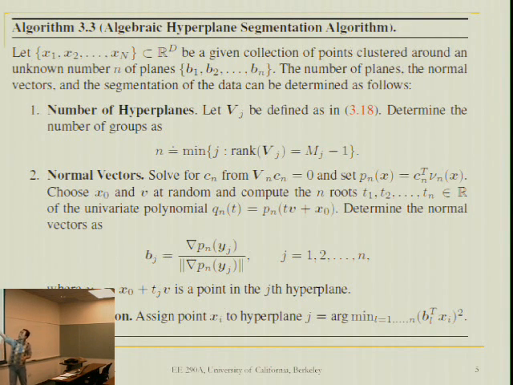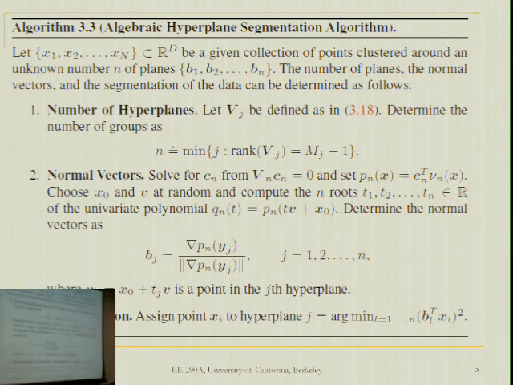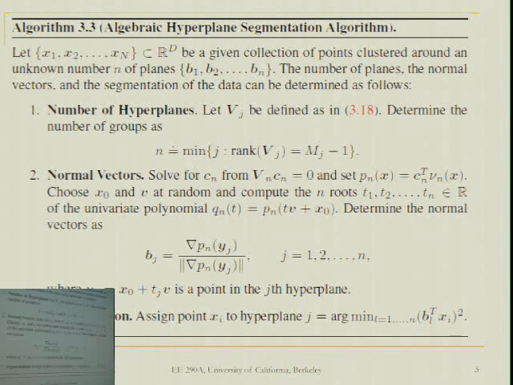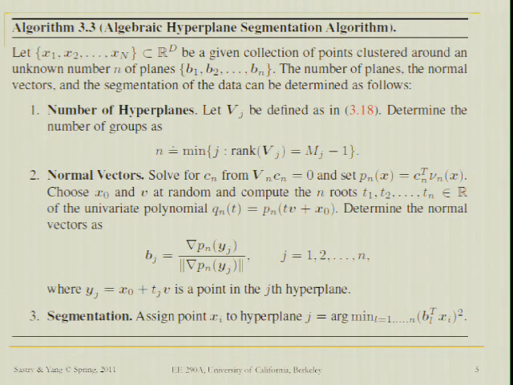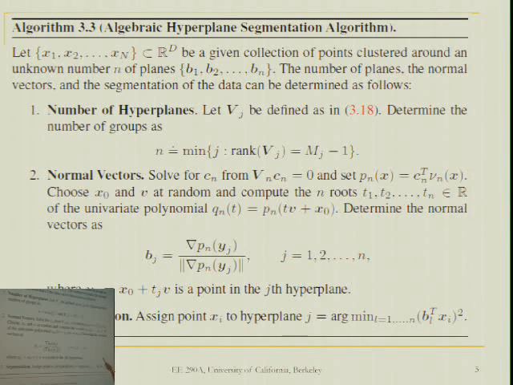And can anybody remember how do we find the number of hyperplanes? The number of hyperplanes is found using Veronese embedding, and you can try the Veronese embedding of order 1, 2, 3, 4, 5, and then you keep raising the order.